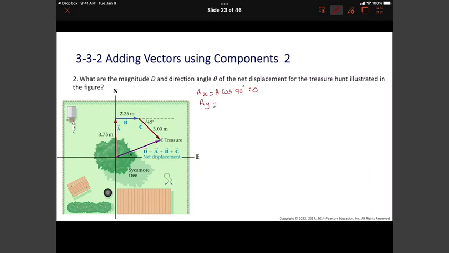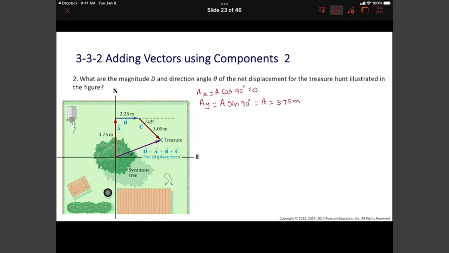As vector A is directed in the y direction, the y component should be equal to vector A. So it is A sin 90 degree, and sin 90 is 1, because of that it is vector A, which has a value of 3.75 meters.